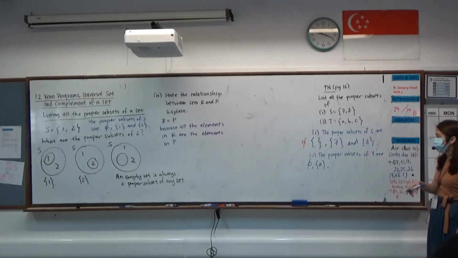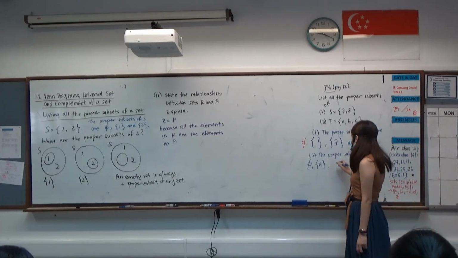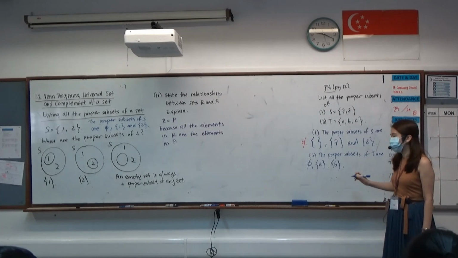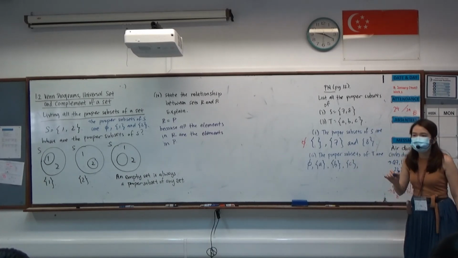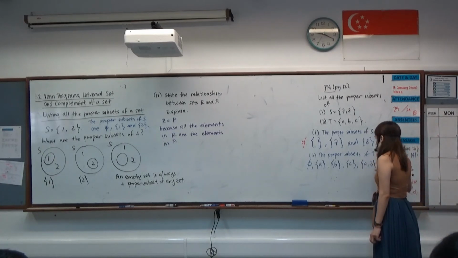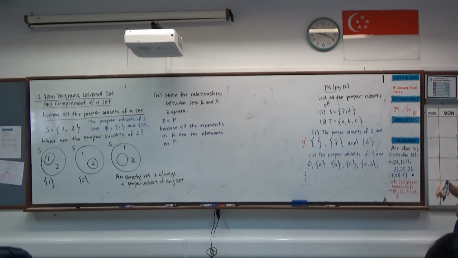Okay, so let's go down the row. Ying Ying, what's the next one? Set containing B. Wei Chan? Set containing C. And then Hoi Ying? Set containing A, B. Okay, what else? Ling Hui?